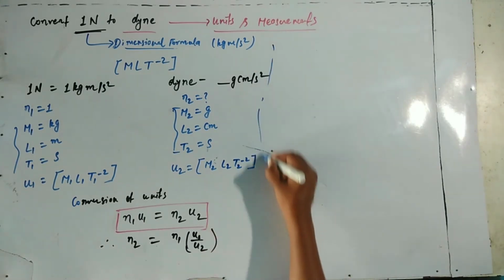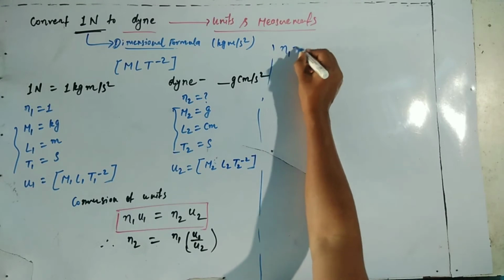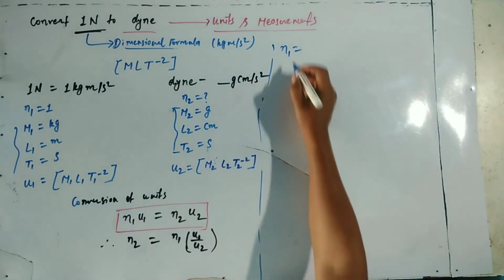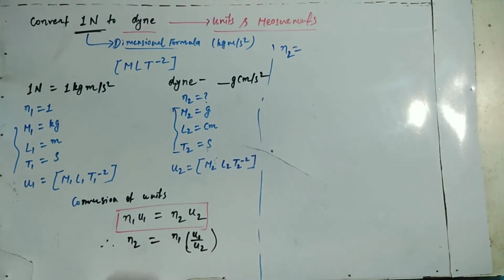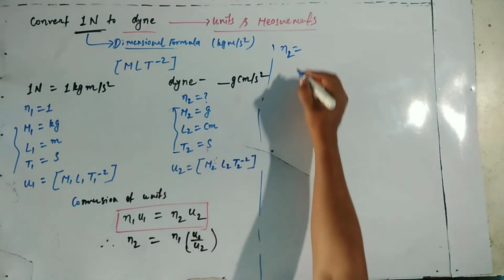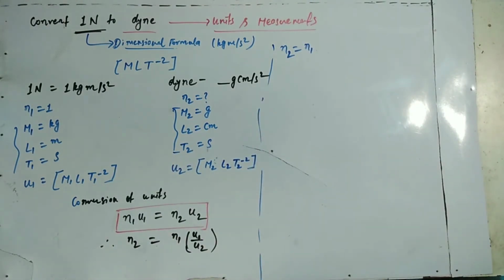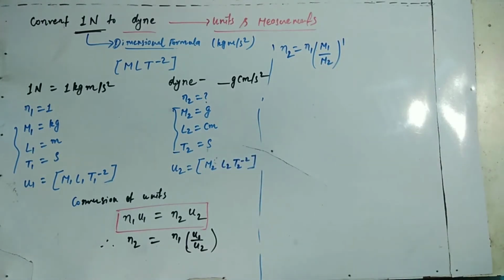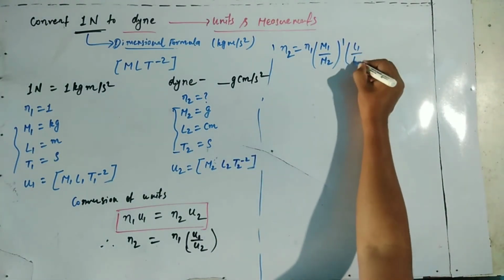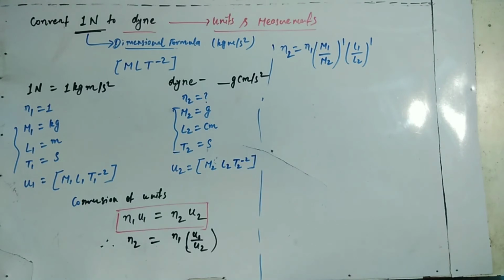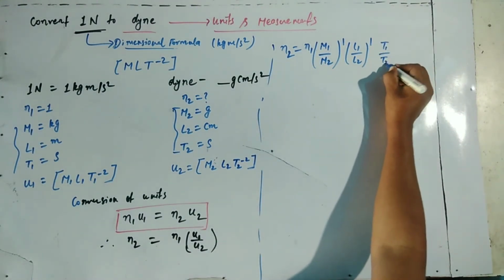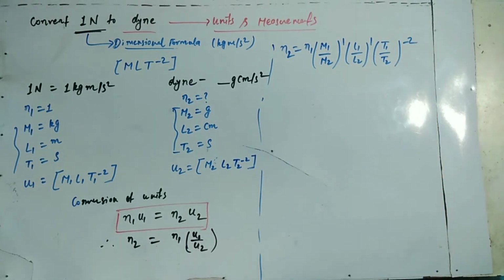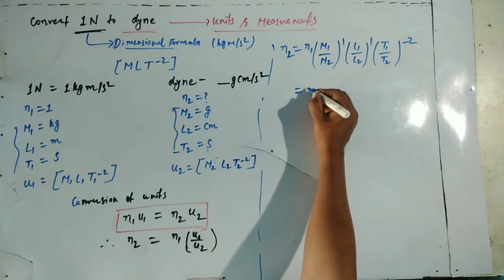Now put the values in this equation. Therefore N2 equals N1, which is 1, into M1 by M2 power 1, into L1 by L2 power 1, and T1 by T2 power minus 2.